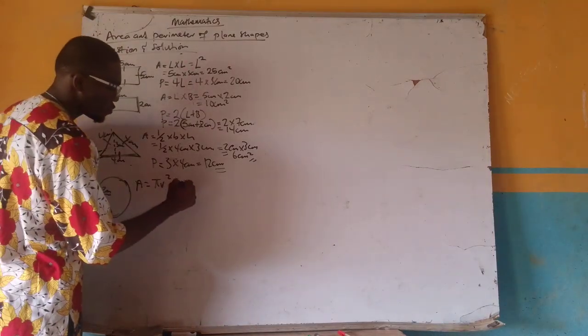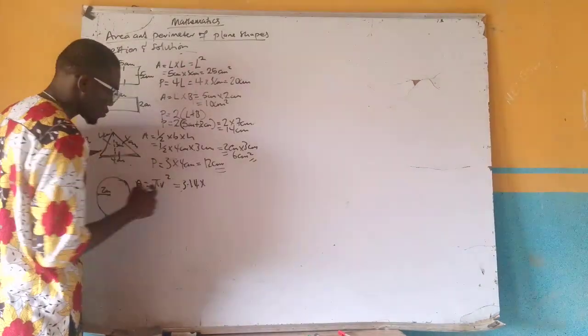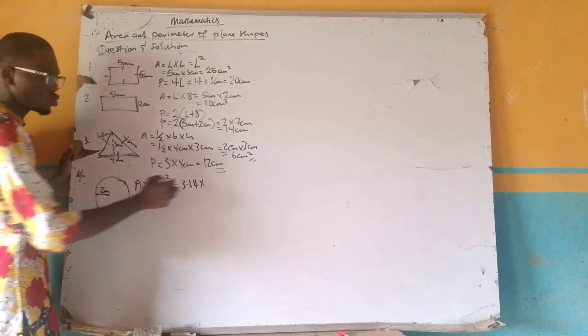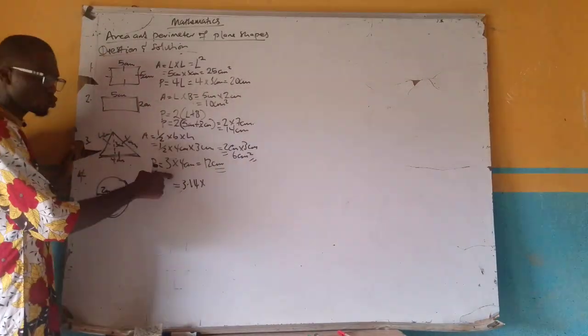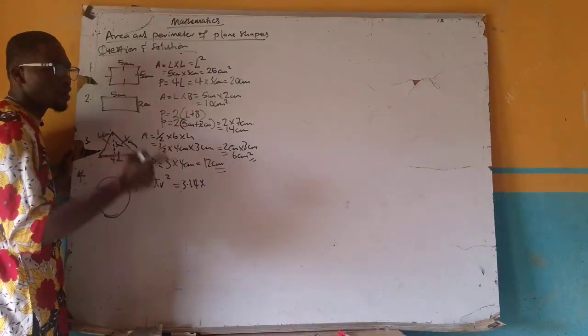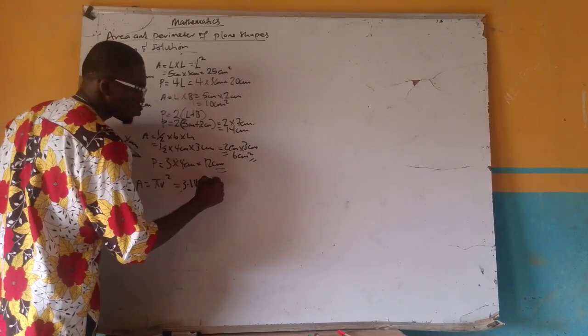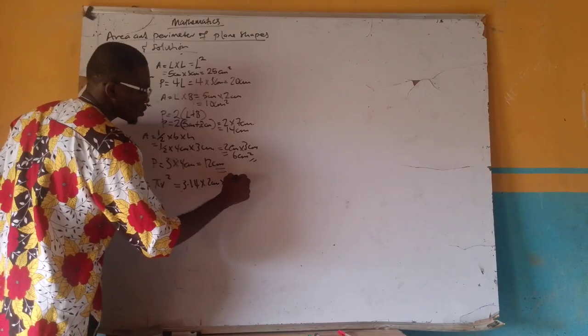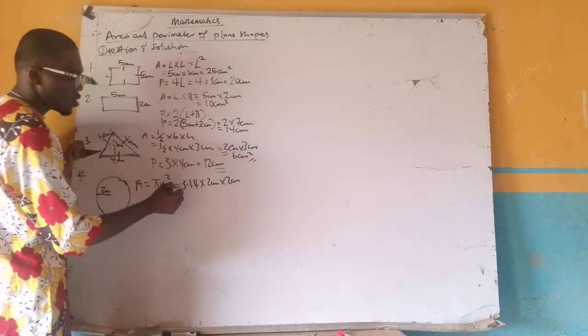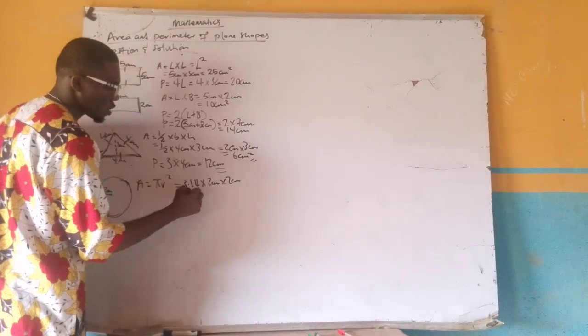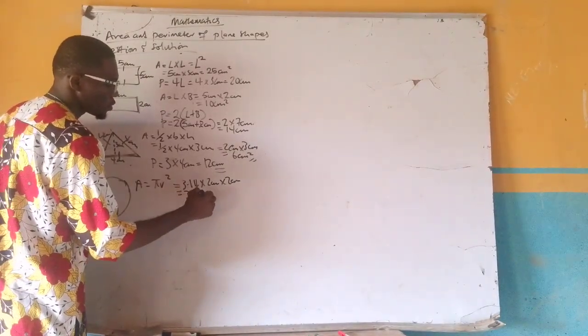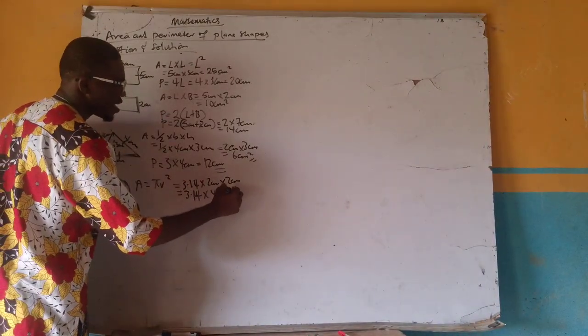So I have 3.14 times, what is r? r is the radius, which is 2 centimeter. Remember, this is r square. r square simply means r times r. So that will be 2 times 2, so we have 2 centimeter times 2 centimeter. 2 times 2 gives us 4. So that's 3.14 times 4 centimeter square.